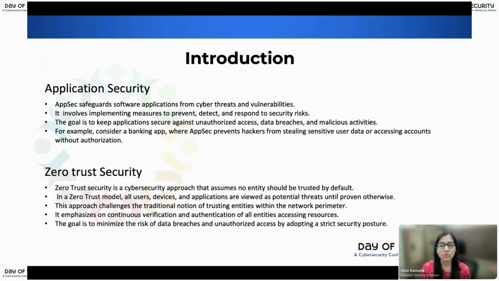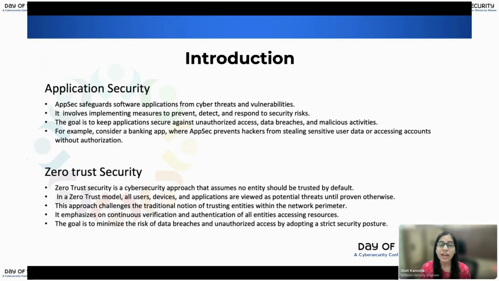Just to take a simple example, in our day-to-day activity we don't generally go physically to the bank, we use a net banking application. With the help of application security, we can secure our banking application. That is a very crucial application that includes our financial data, records, and PII information.